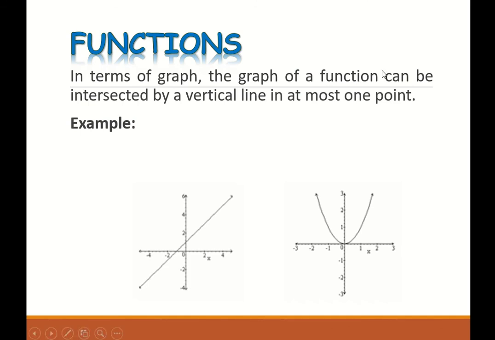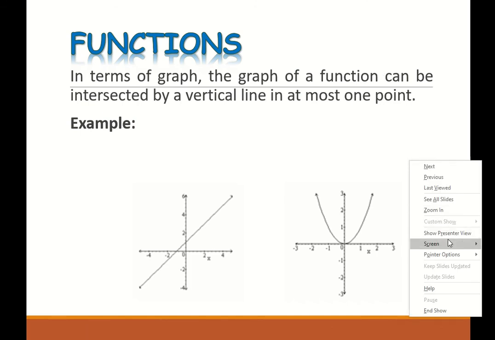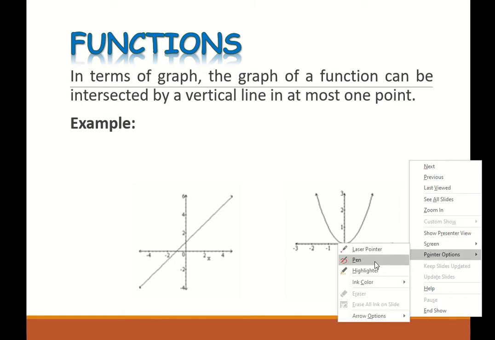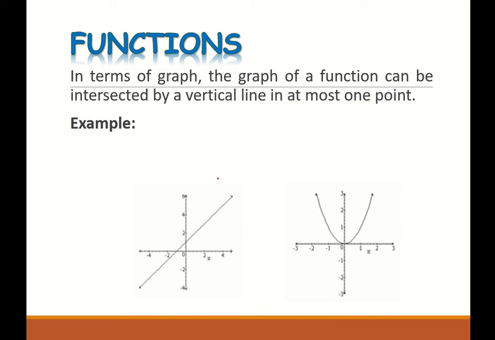So what I was saying a while ago, we just draw a vertical line. This is the point of intersection. You see our vertical line touches only at one point. This is normally what we're doing. Or if you draw this line, of course this line is intersecting at this point, right?